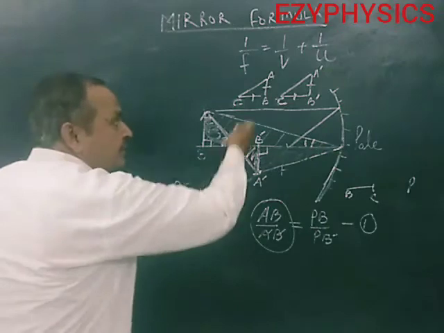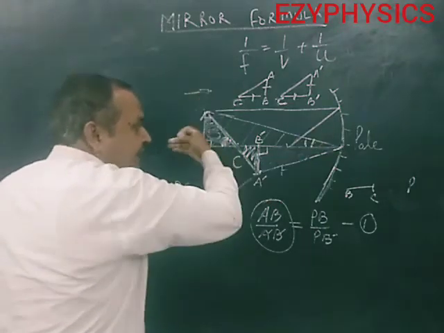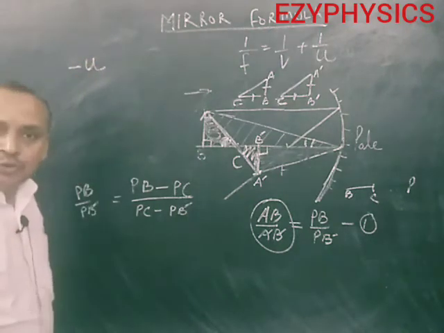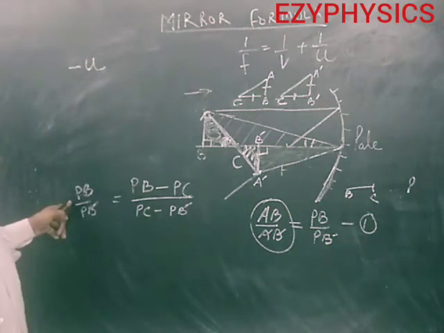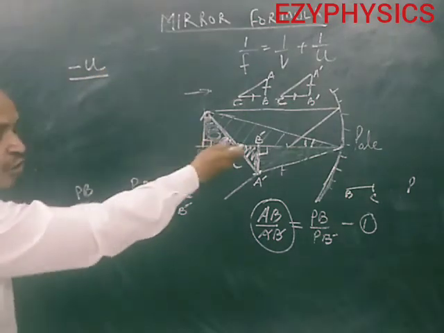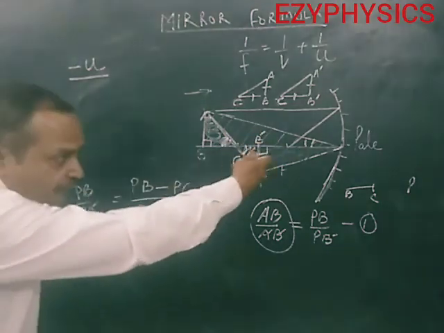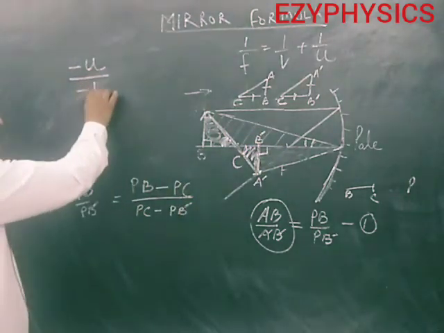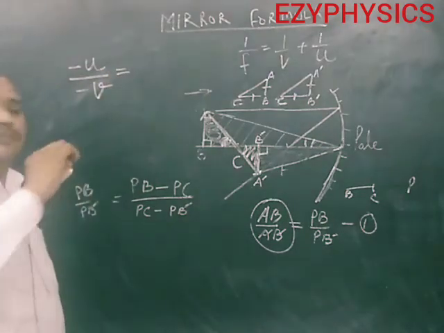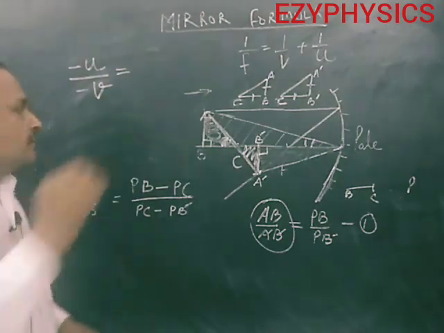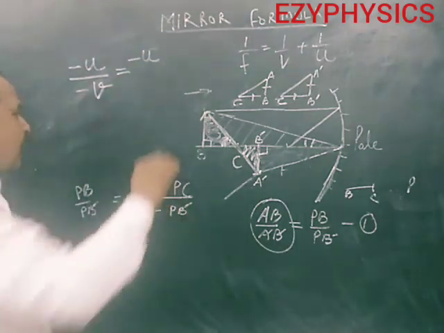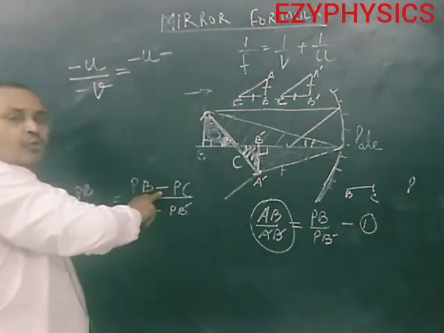P to B, we are moving against the light, so it will be written as minus u. So PB is minus u. What is PB dash? Again the distance of the image, लेकिन एक बार फिर opposite direction, that means minus v.